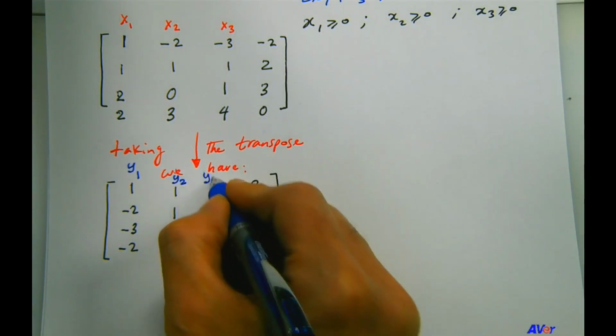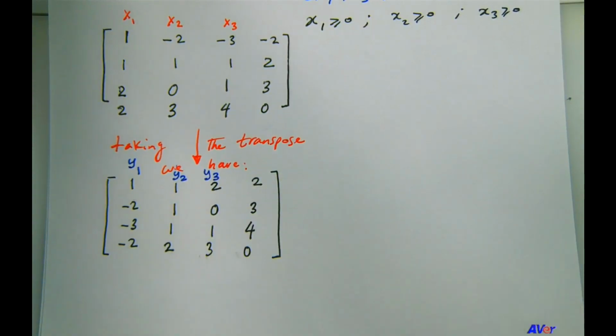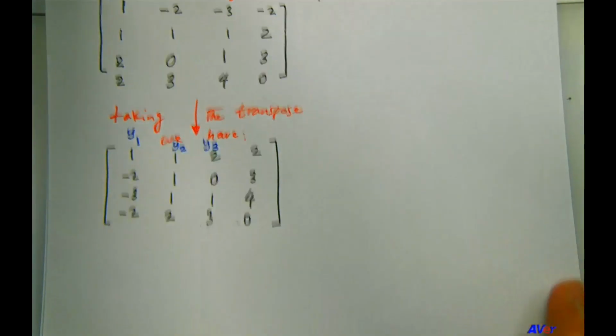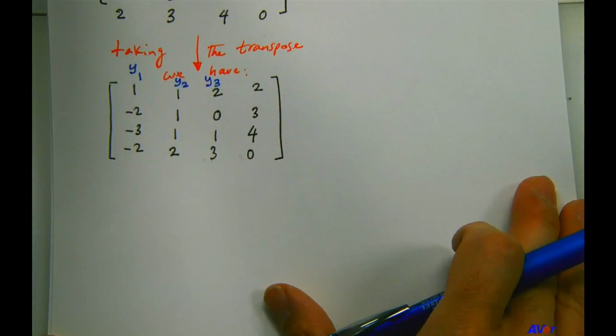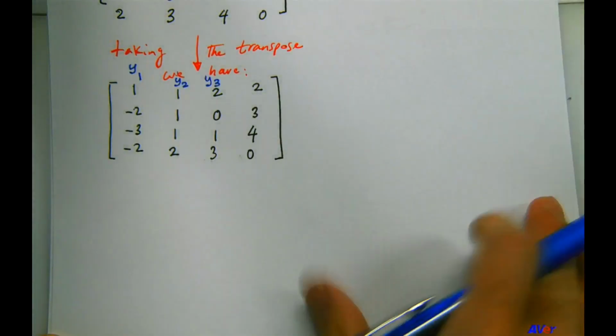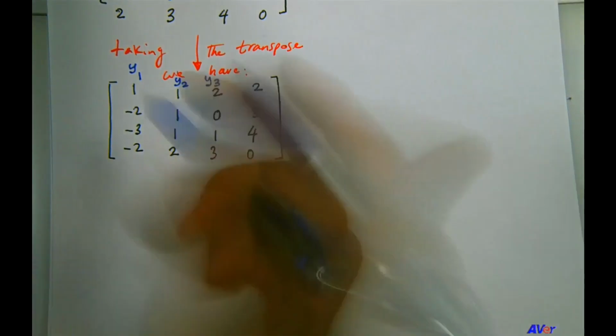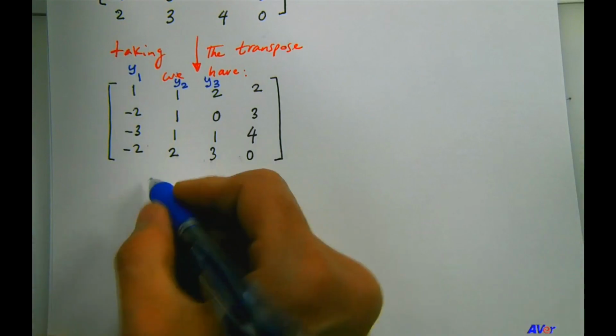And this would become y3. And of course, these are the constants. Okay, so let's write the dual problem using these coefficients, right? So these are our new variables. The dual problem is a new maximum problem with these new variables.